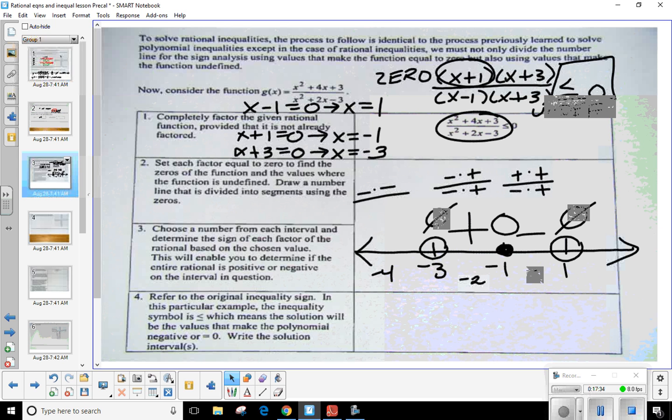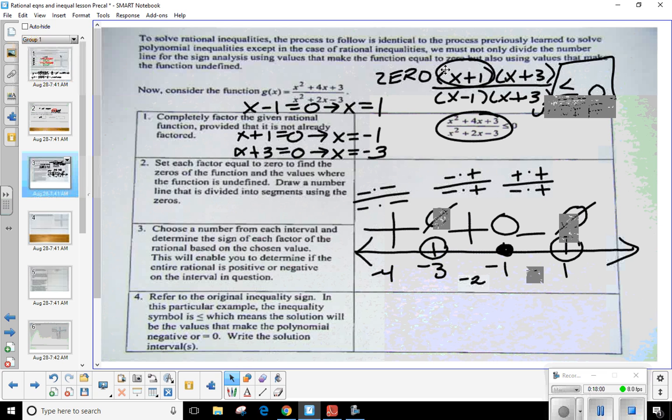So the 2 groups up top each gave me a negative. First group in the denominator, -4 minus 1. Negative. -4 plus 3. Negative. So what does this guy become? Positive.